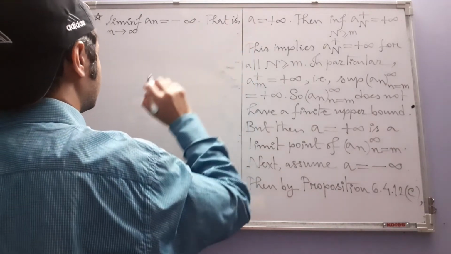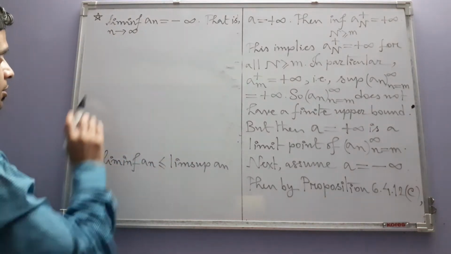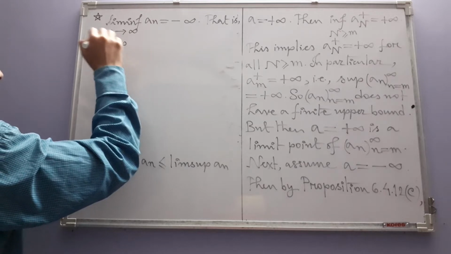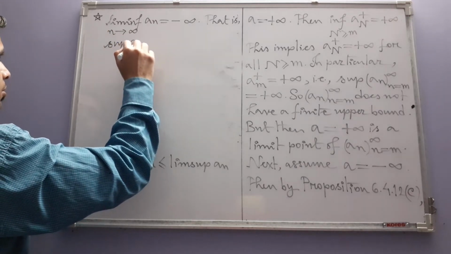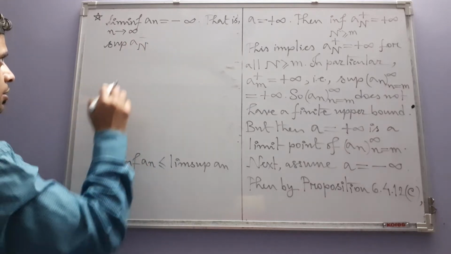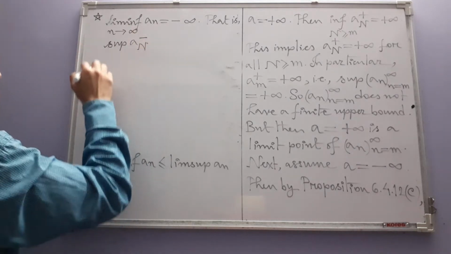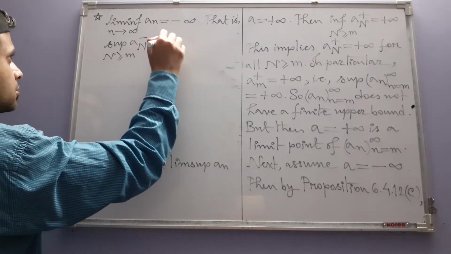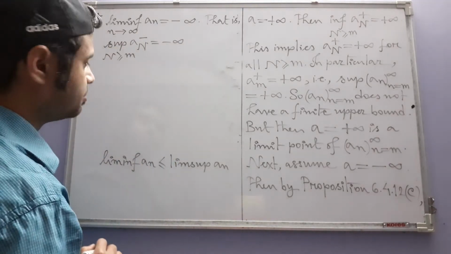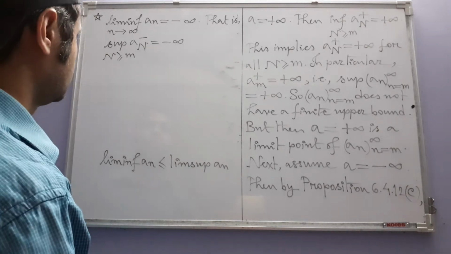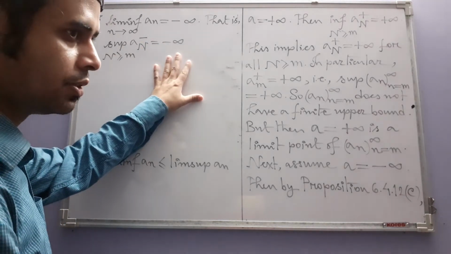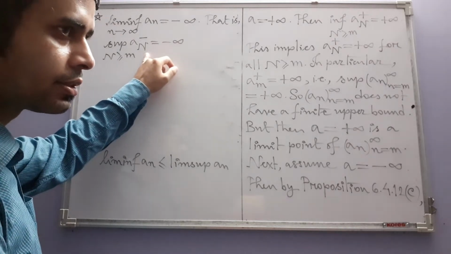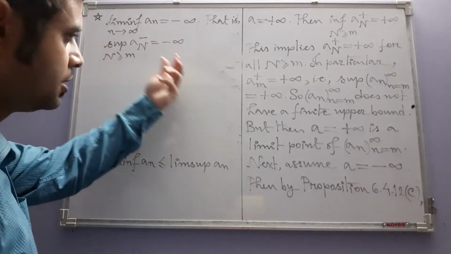That is, if we now apply the definition of limit inferior, then limit inferior is what? Supremum of a bunch of infima, and this is equal to minus infinity. Supremum is minus infinity because all these a_n minuses are less than or equal to this supremum, which is minus infinity.